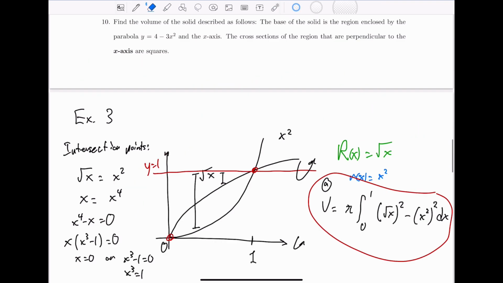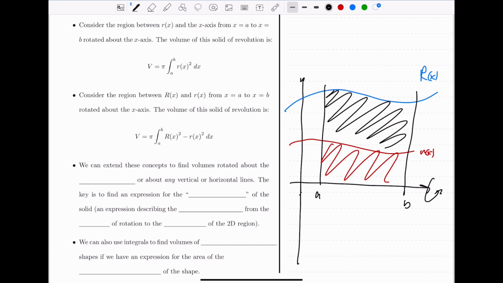Well, let's go back to the front of the handout. We can extend these concepts of rotating a certain region about the x-axis to rotate about the y-axis, for instance. Or we could imagine rotating around any vertical or horizontal line. The key here is to find an expression for the radius of the solid. And something that's very important is to think of the radius as an expression that describes the distance from the line of rotation to the extent of the two-dimensional region.